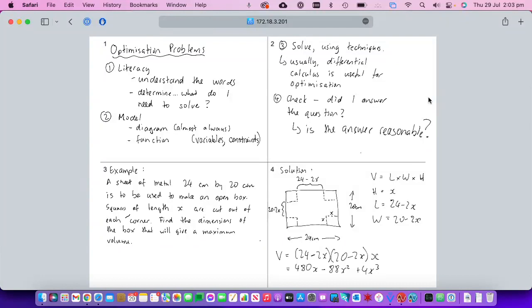Right, so all of that gets us to the bottom of step 2. We've understood the question, we've diagrammed it out to help us understand what's involved, and then we've created a mathematical model, which is that V is a function which relies on x, given by 480x minus 88x squared plus 4x cubed. I started with 3 unknowns, length, width and height.